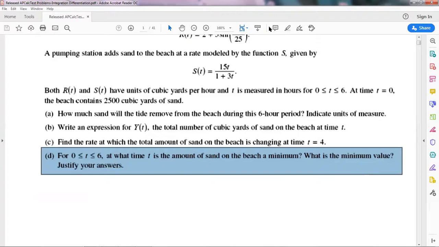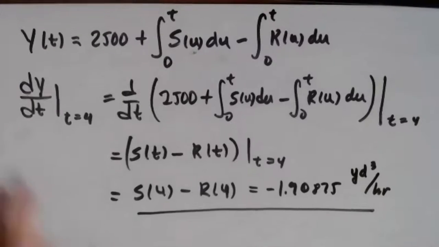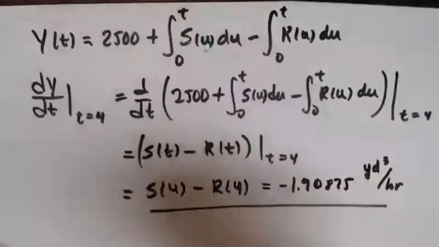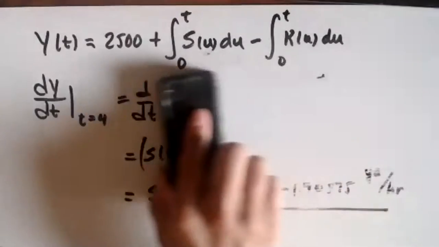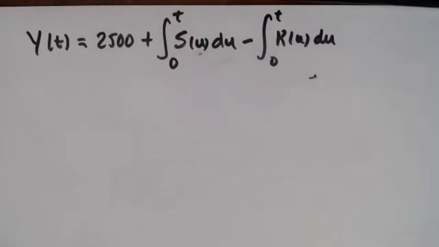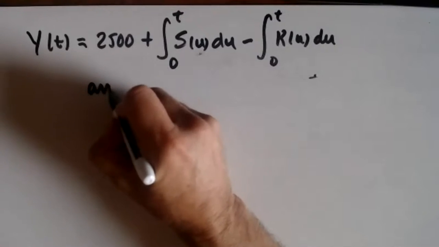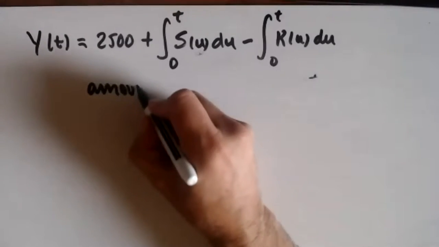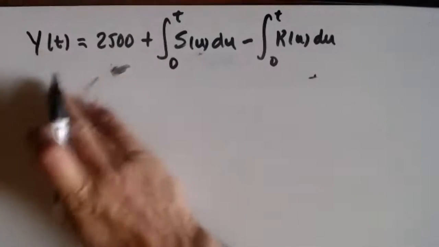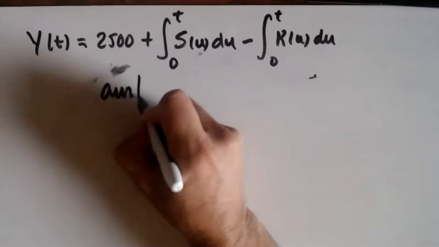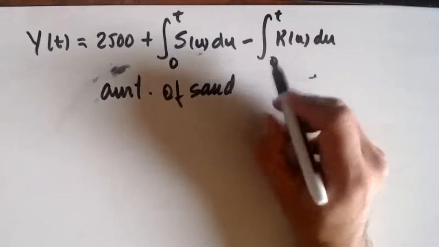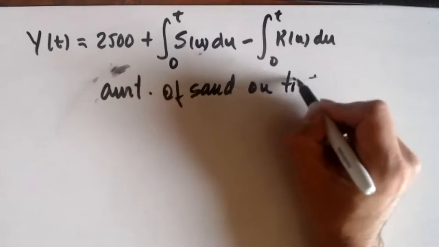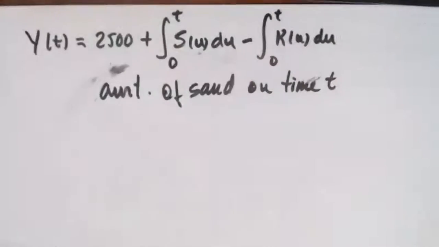So what you want is, I'm going to erase this portion only. So this is the amount of sand on the beach at time t, correct?